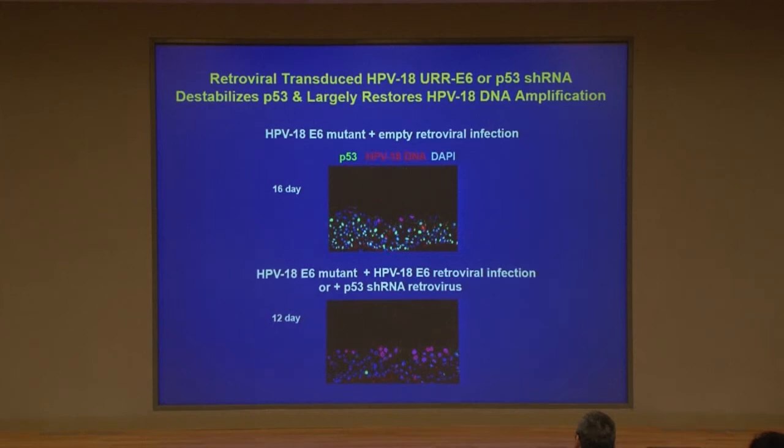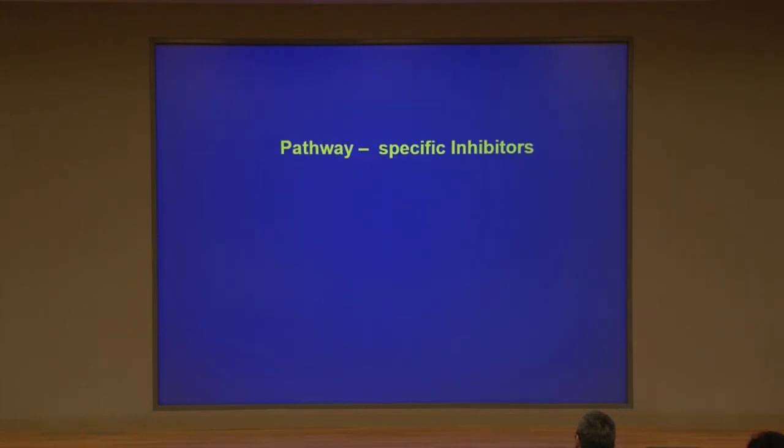Maybe the cells will undergo apoptosis, and p53 is there to prevent apoptosis to give the virus time to amplify, which turns out not to be true. We never see apoptosis even when we don't have any E6, in the E6 null mutant.